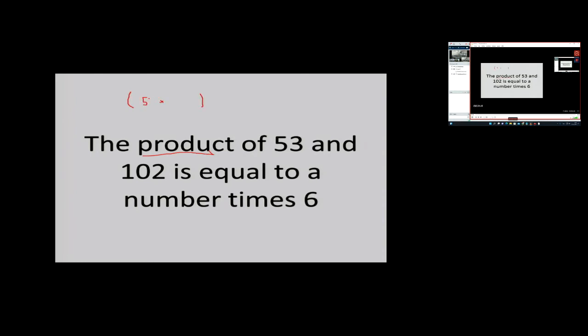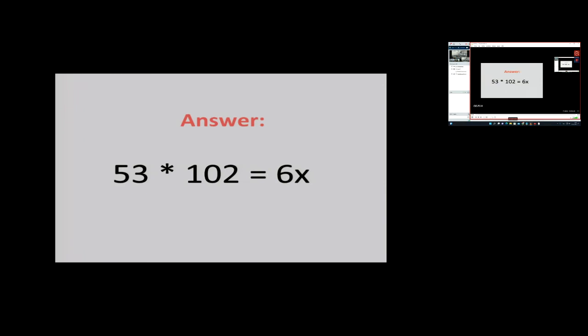Product of 53 and 102 is equal to, now, a number times 6, any number is letter x, times 6, that is 6x. That's why we have 53 times 102 is equal to 6x.